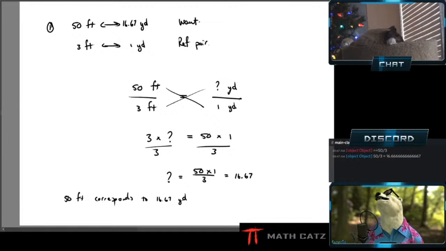So whenever someone is not clear on understanding the reasoning behind how we get to that 16.67, the ratio equation is a nice systematic way that'll always work, regardless of how simple or how complicated the conversion pair and the reference pair may be. I know some of you might say, well, of course I divided by 3. It's obvious.